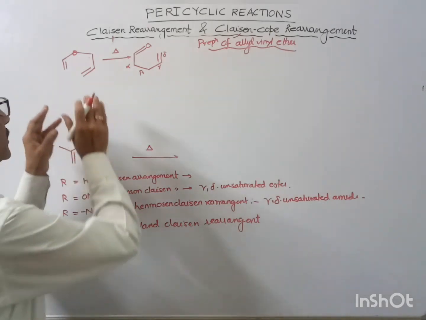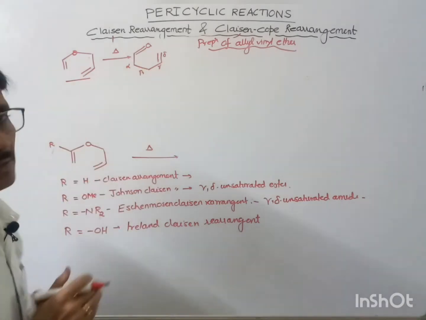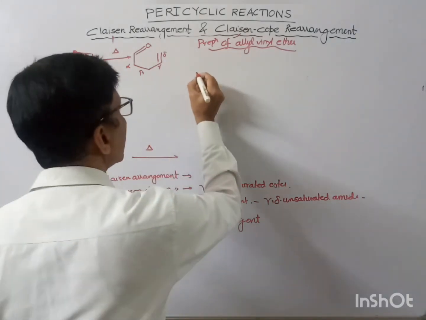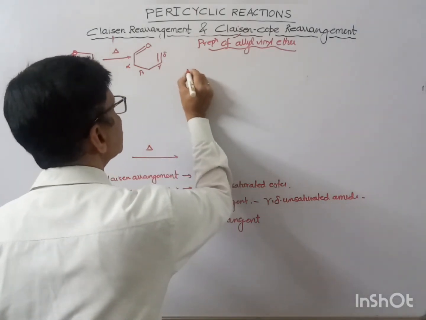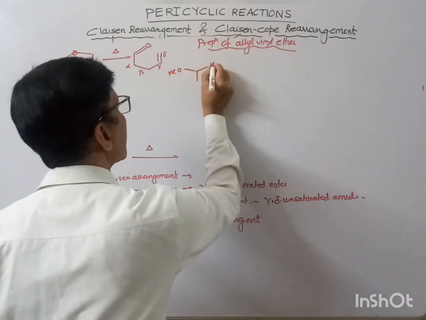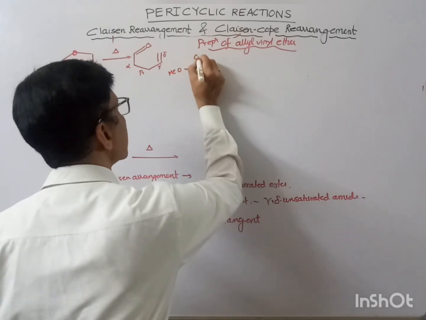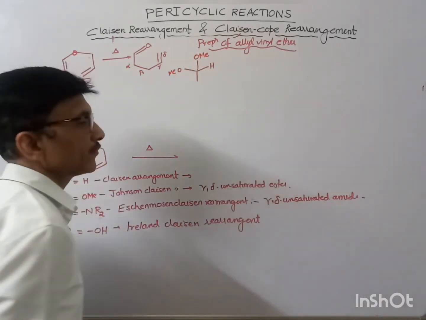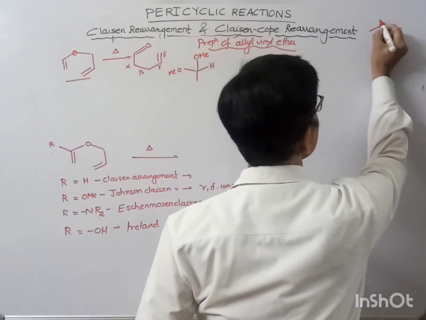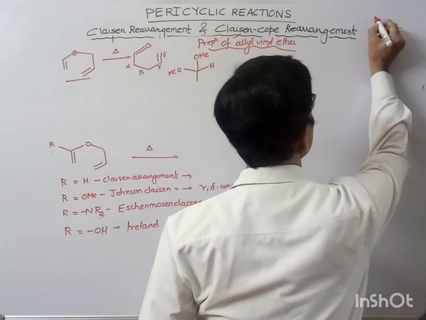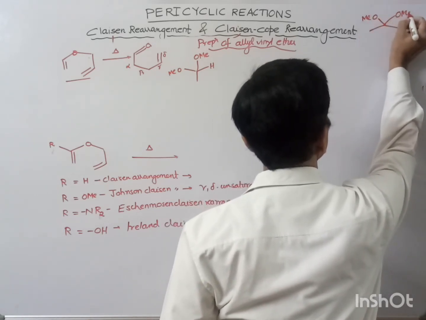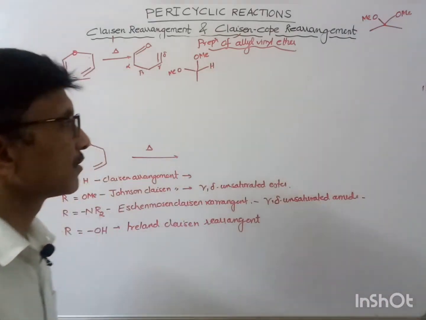Now how can we get this allyl vinyl ether? This allyl vinyl ether can be obtained if we have an acetal. So what is an acetal? All of you know. This is our acetal.